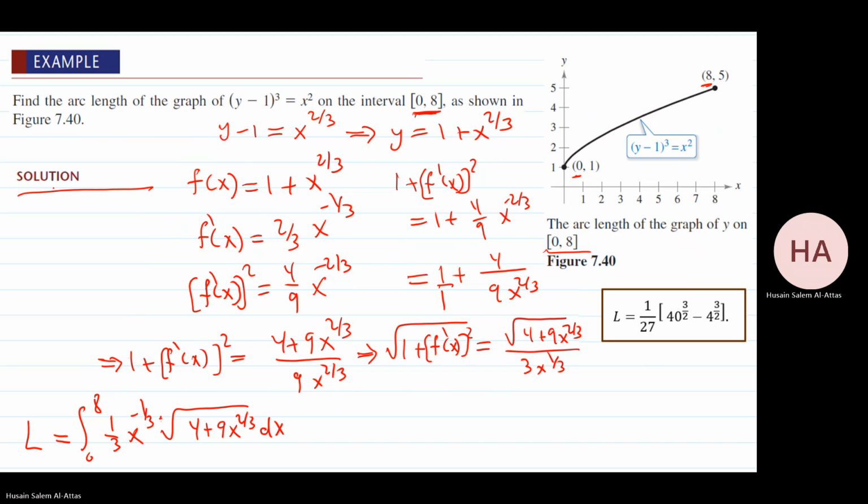Let me write here: if I let u be 4 plus 9x to the power 2 over 3, what will be du? Now I need to do the integral through substitution. My du will be 6x to the power minus 1 over 3, and that's what I need, dx.